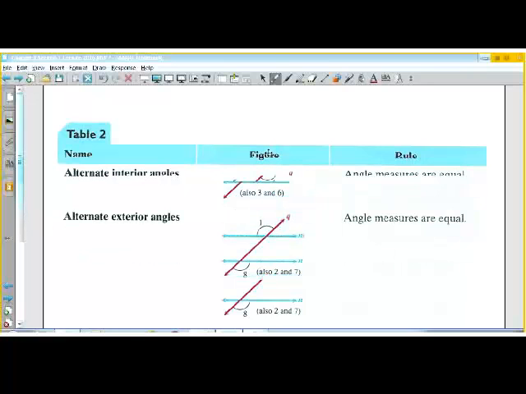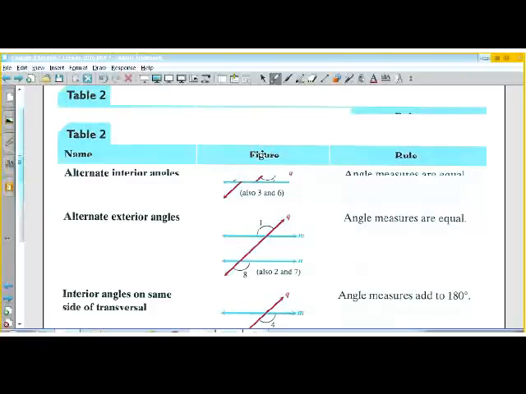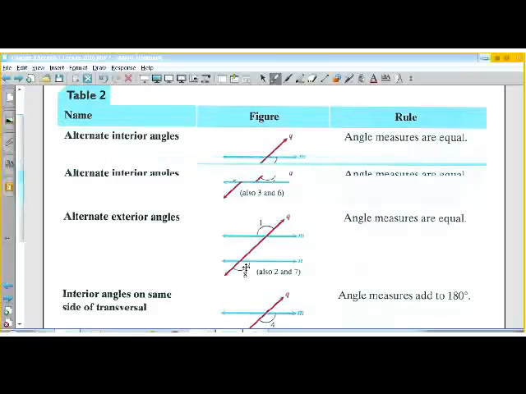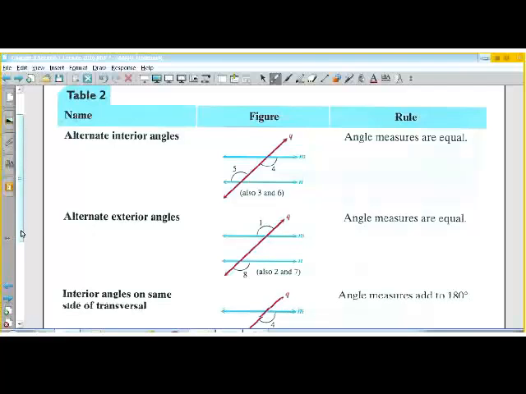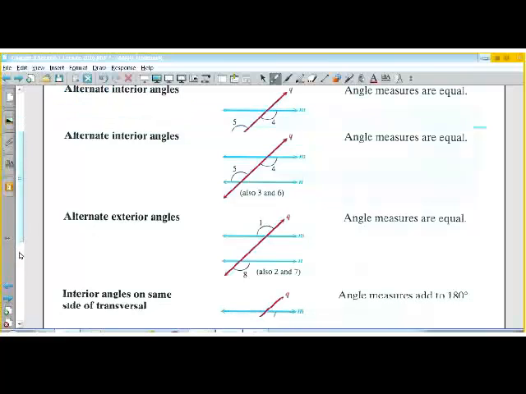Okay. The other large angles that are here and here, or down here, which is there and there, are called alternate exterior angles. Again, they're on alternate sides of the transversal, and they are exterior to the two parallel lines. They're both big, so they're equal to each other.